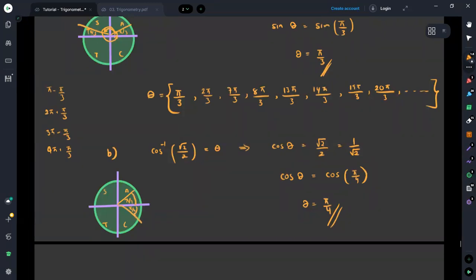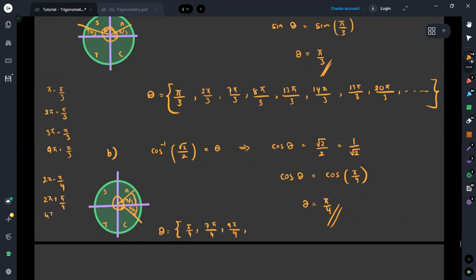Therefore, we can say the set of values for theta is phi over 4. Then the next one is 2 phi minus phi over 4, then we'll get this as 7 phi over 4. Then again, if one round is completed, 2 phi plus phi over 4, then it is 9 phi over 4.